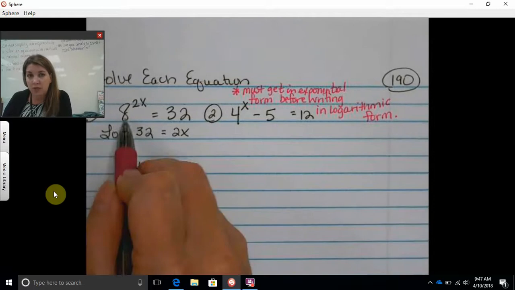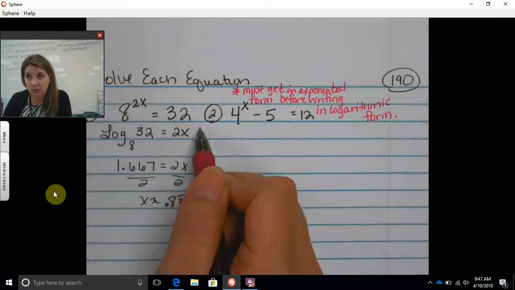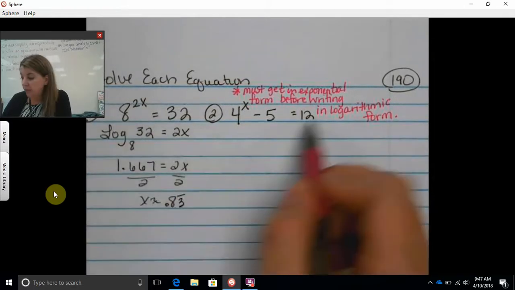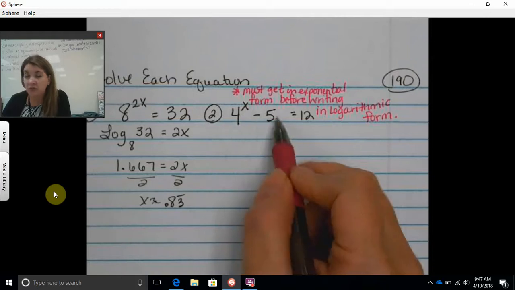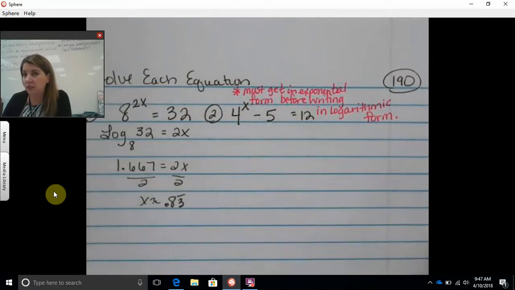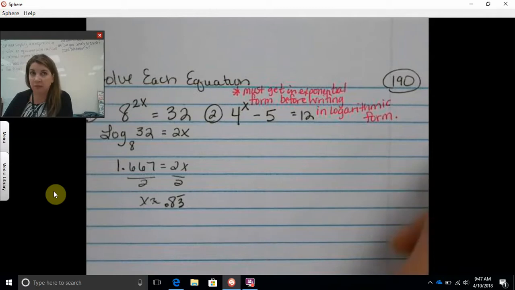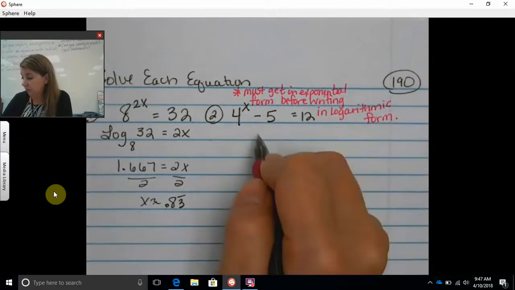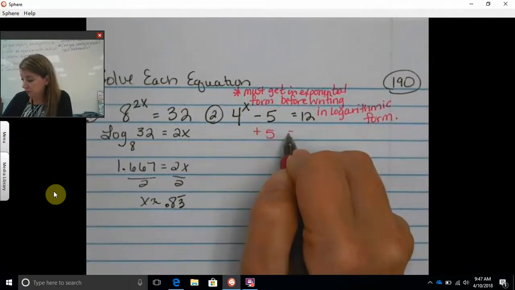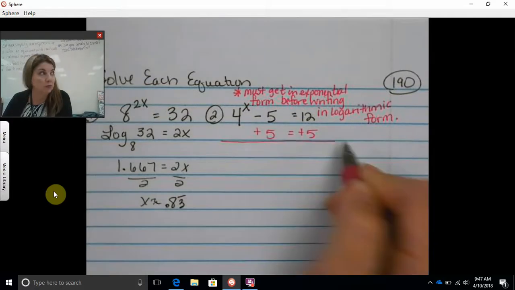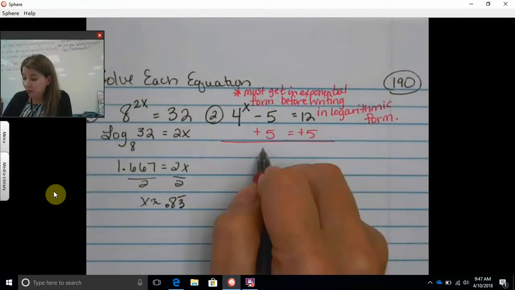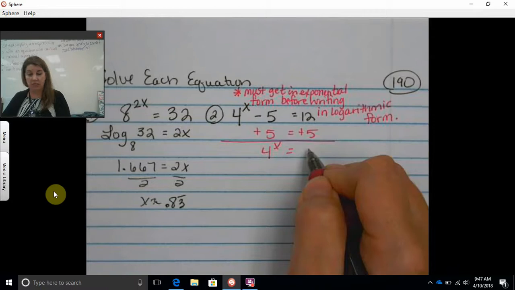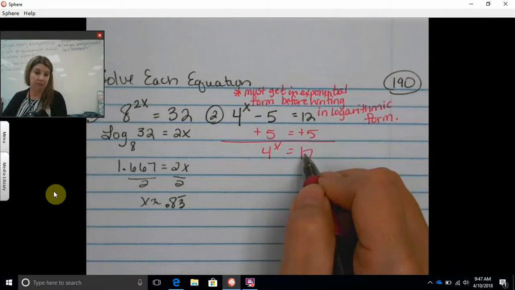You need a base with an exponent set equal to some number, okay? I've got a base with an exponent and then a minus 5 set equal to a number. What do you think I would do to get an exponential form? I would add 5 to both sides. So that would give me 4 raised to the x equals 17.